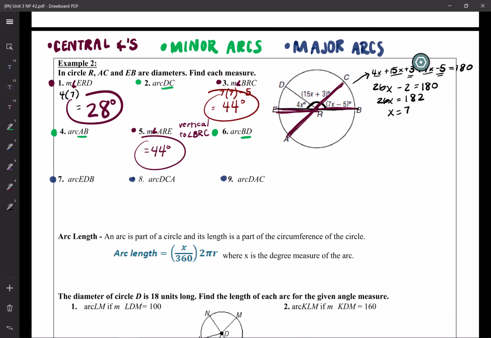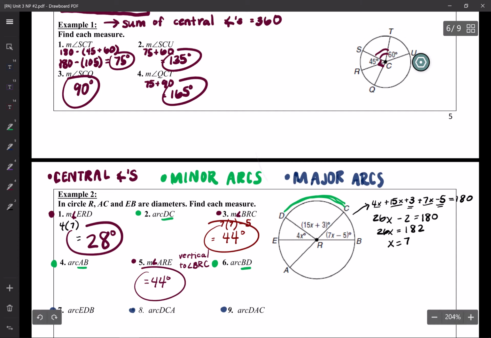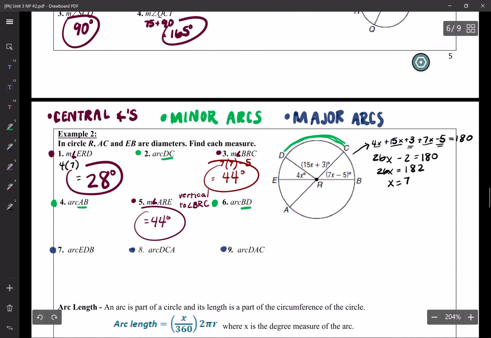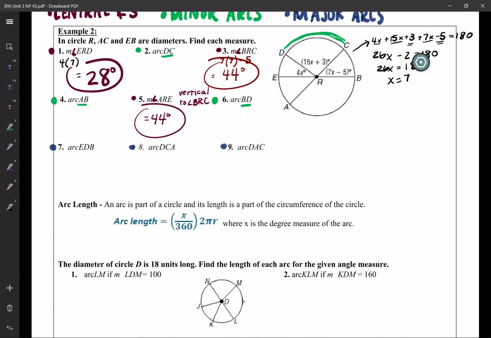So we have arc DC. Let me clear this out. Okay, and then according to the property of minor arcs, we say it equals the measure of its central angle, right? So DC just equals the same thing as what this equals.